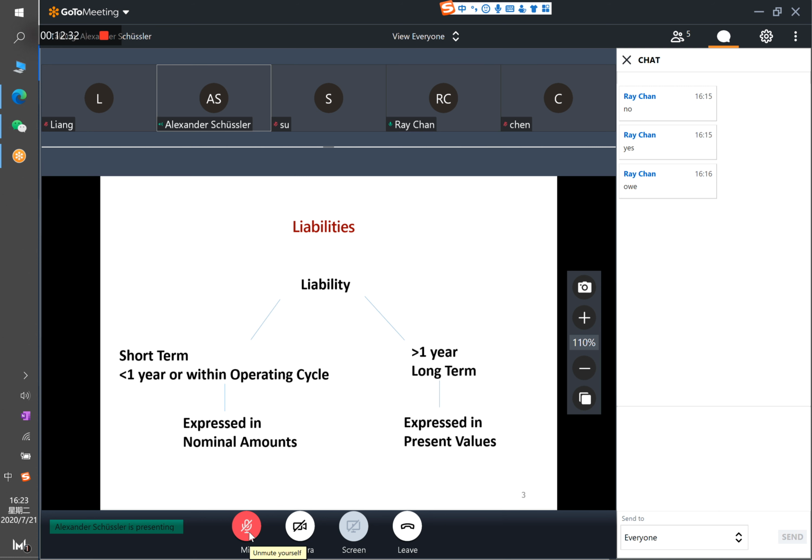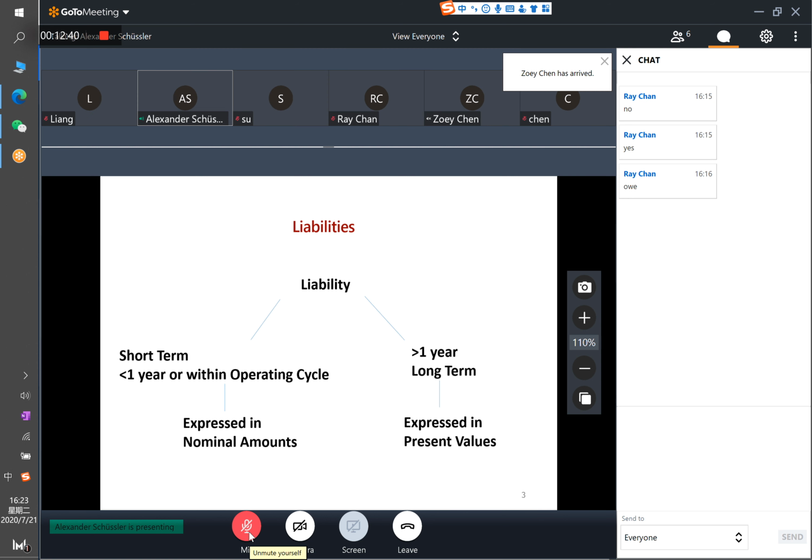Yeah, very good, Raychan. You take into account the time value of money, and you discount all future cash flows. So this is not the principal, but really the discounted value of the cash flow. So this is the difference between short-term liabilities and long-term liabilities. Long-term liabilities are expressed in present values, and short-term liabilities are expressed in nominal amount.